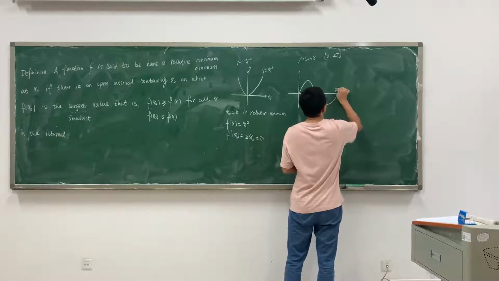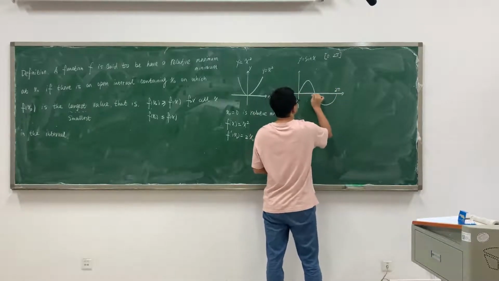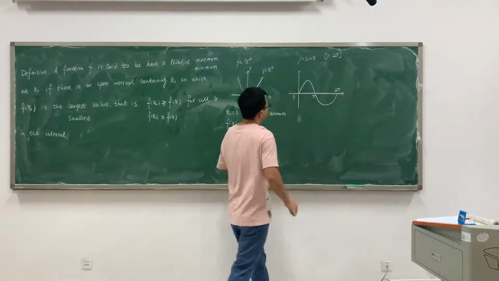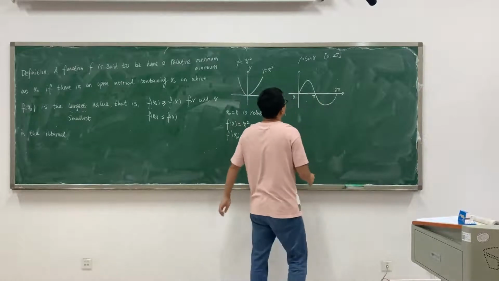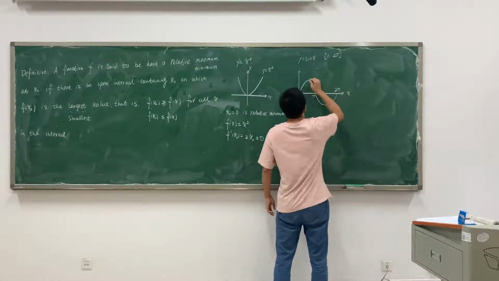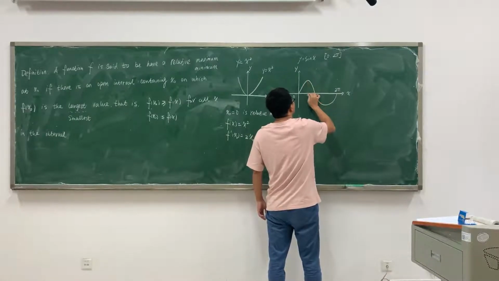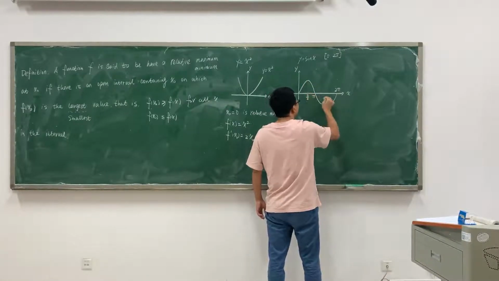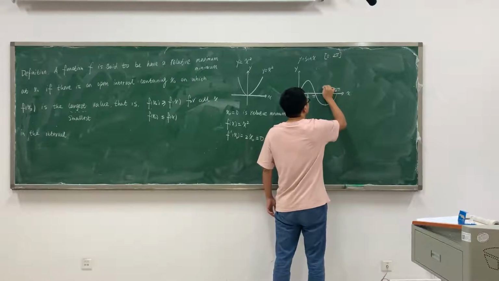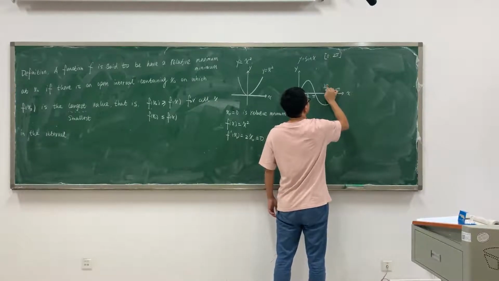Here is 0, pi, 2 pi. Here is x, here is y. So this point is 1/2 pi. This point is 3 pi by 2.